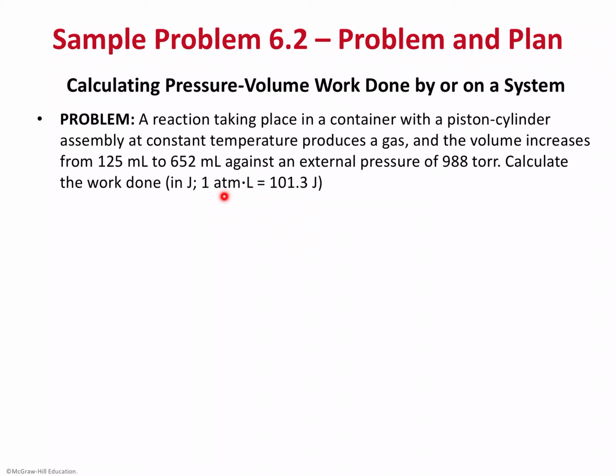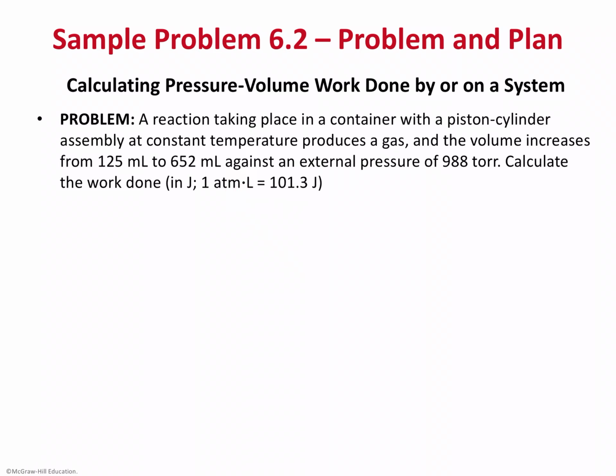And we are given the conversion factor: 1 atm liter equals 101.3 joules. The atm is atmosphere, a unit in which we measure pressure. Liters is the unit in which we measure volume. So we want to make sure we convert our volume to liters, and also convert our pressure, given in torr as 988, to atm.